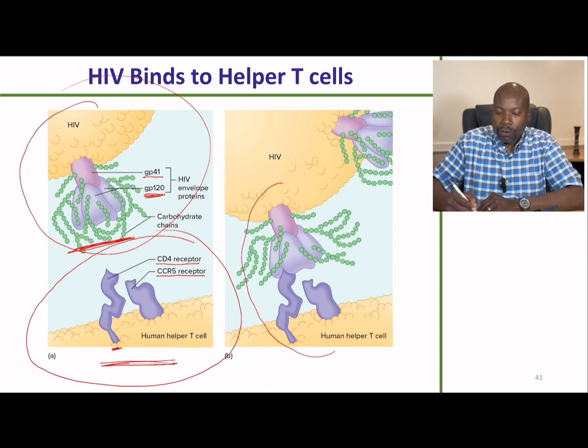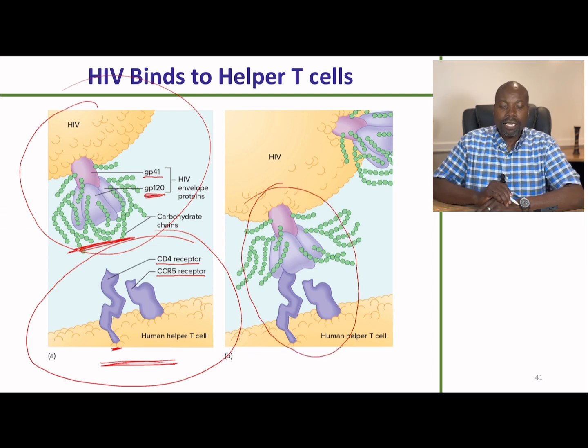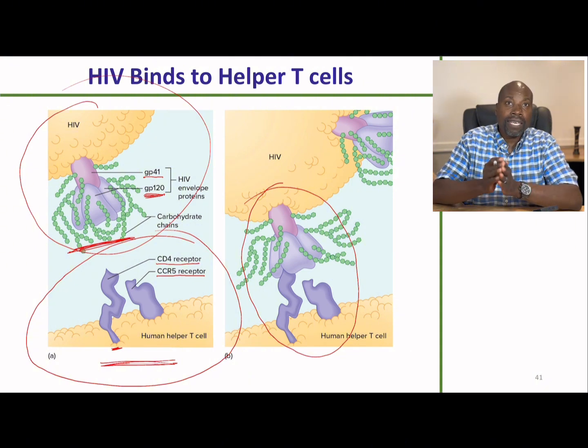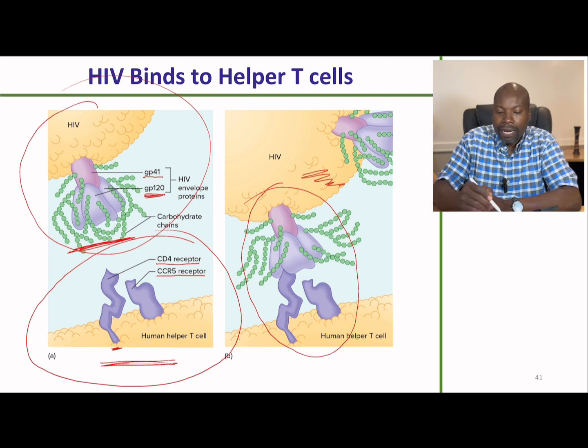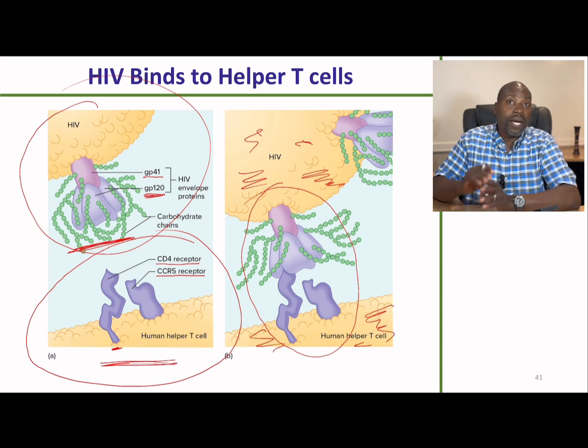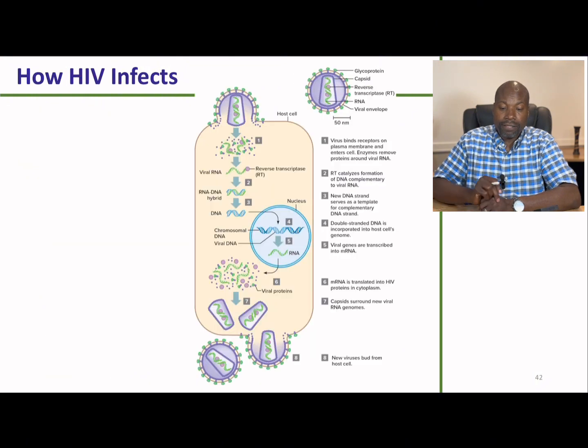So here we do have an interaction between HIV virus and our cells. Notice that HIV is an enveloped virus. So we're going to have a phospholipid bilayer right here, right? That's a phospholipid bilayer. And we also do have a phospholipid bilayer, but let me close that parenthesis.